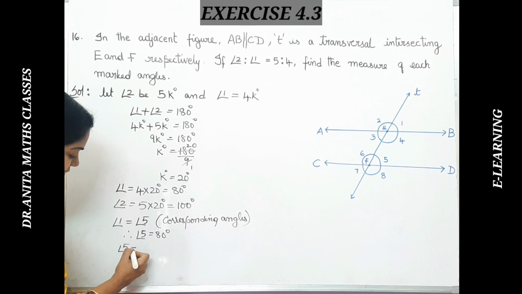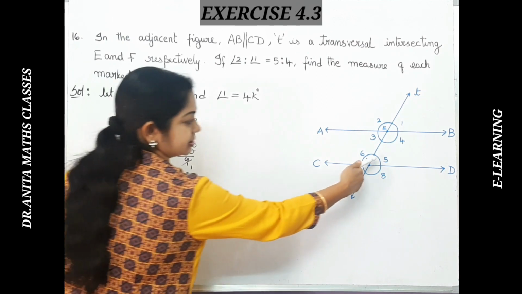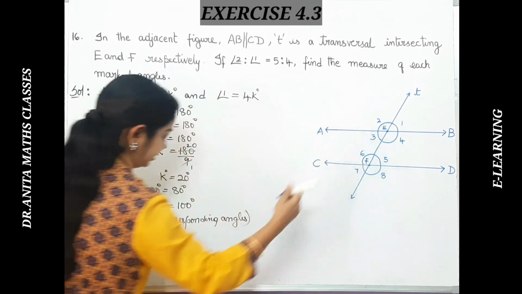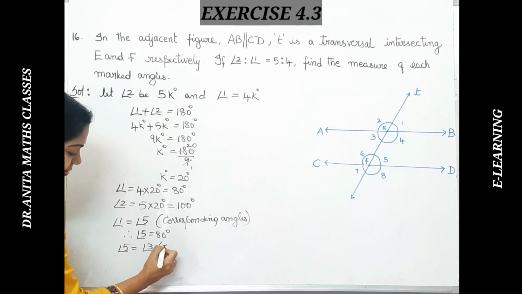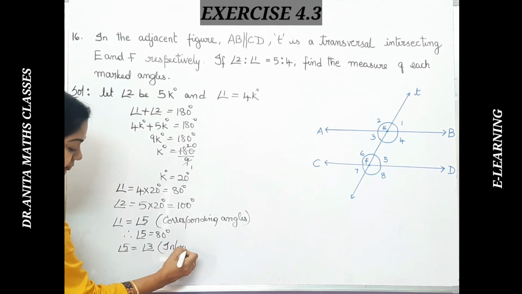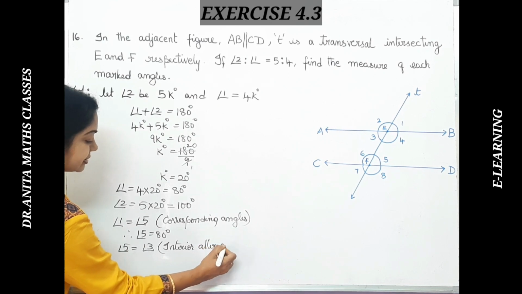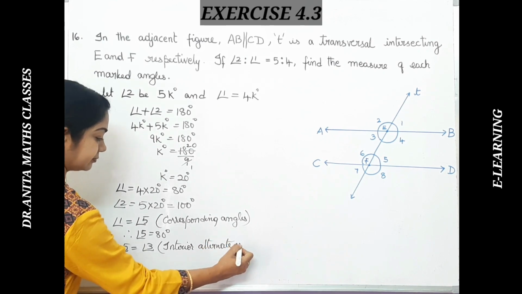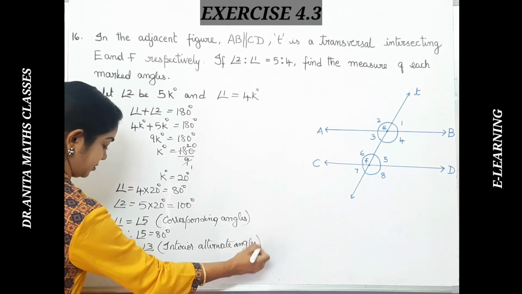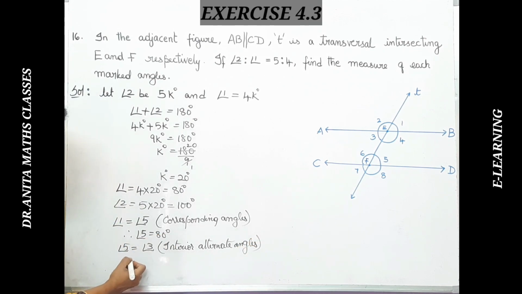Similarly, angle 5 is equal to angle 3, interior alternate angles. We know angle 5 is 80 degrees, so therefore angle 3 is also equal to 80 degrees.